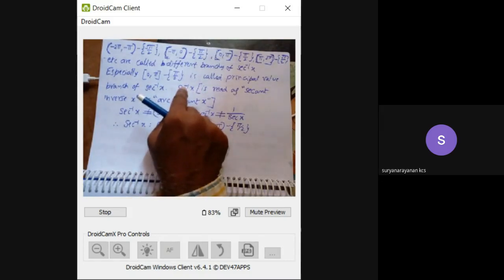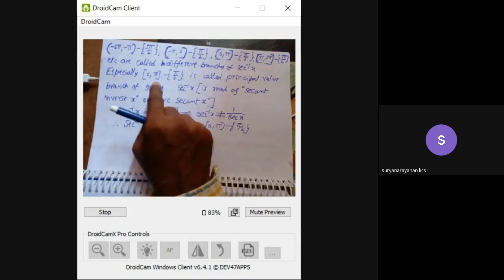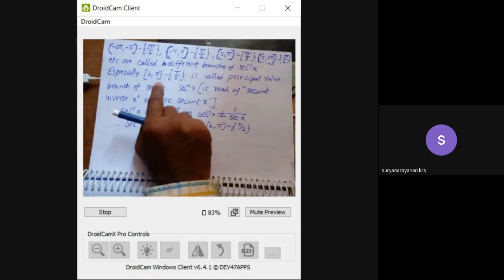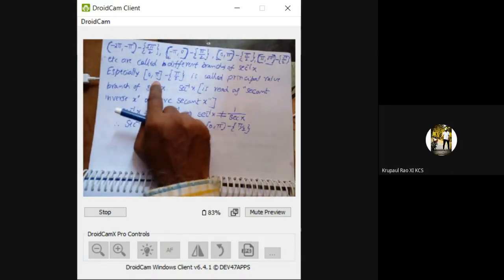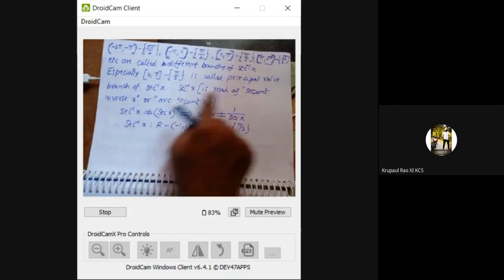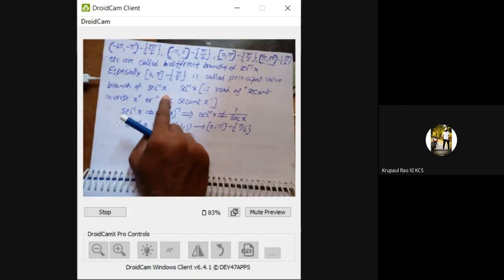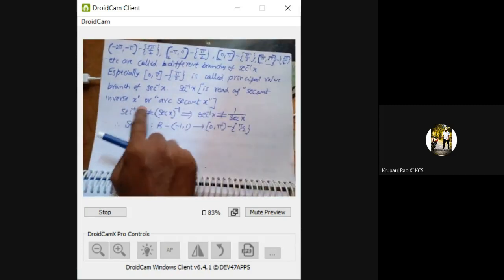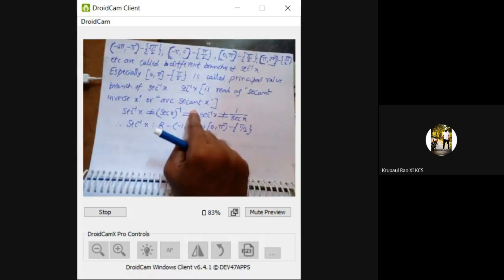You are not paying attention here. Read it now, Krupal. Sir, closed interval 0 comma pi minus singleton pi by 2 is called principal value branch of sec inverse x. Sec inverse x is read as secant inverse x or arc secant x.